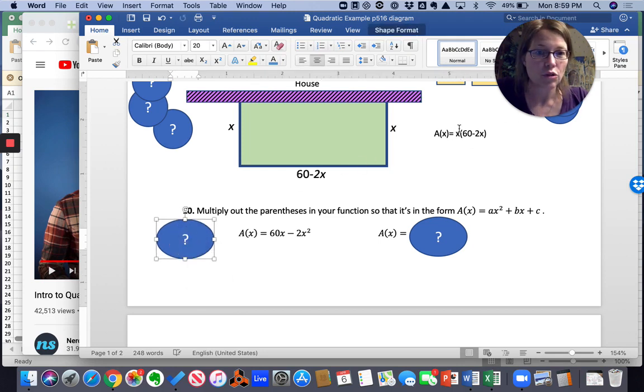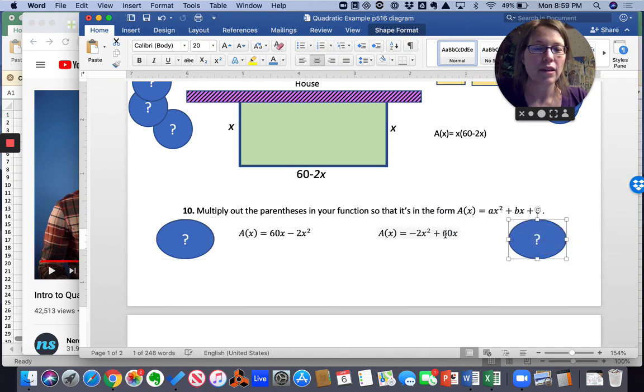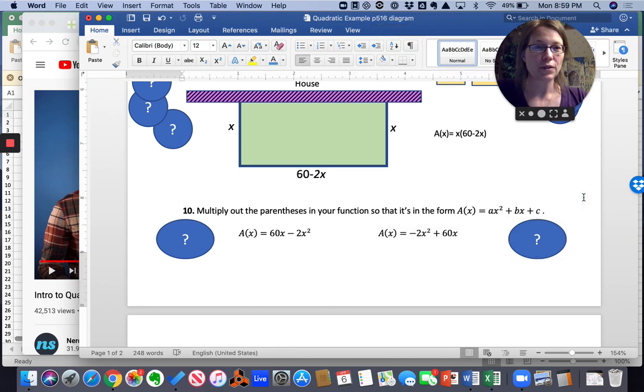So if I could draw lines on Word, I would do that, and we get this. Now we want it in this format where we put it in descending order of powers. So I'm just going to flip-flop these two terms, negative 2x squared and 60x, and there we go. We've got our typical standard formula for a quadratic equation.